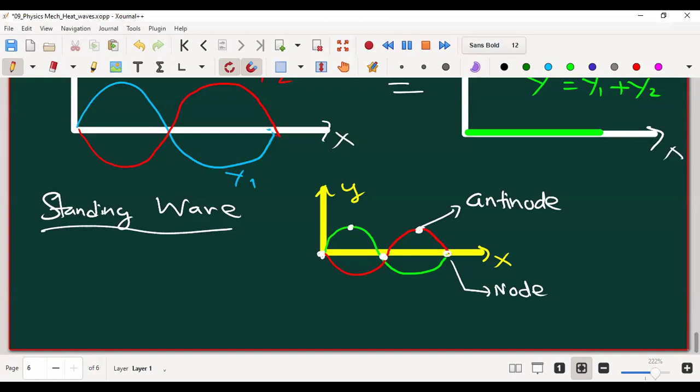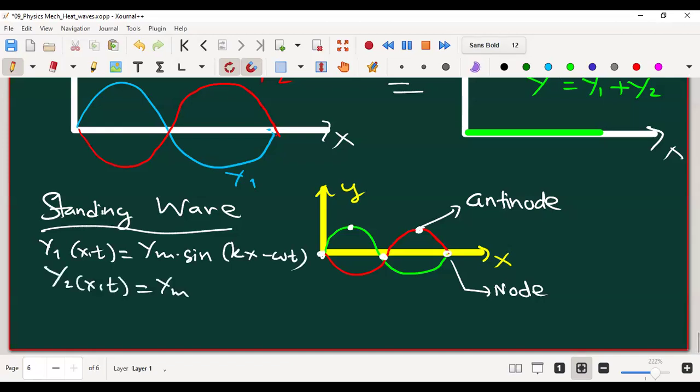So for example, if we have y1, x and t, this is equal to ym sin kx minus omega t. And then the second wave, ym sin kx plus omega t.